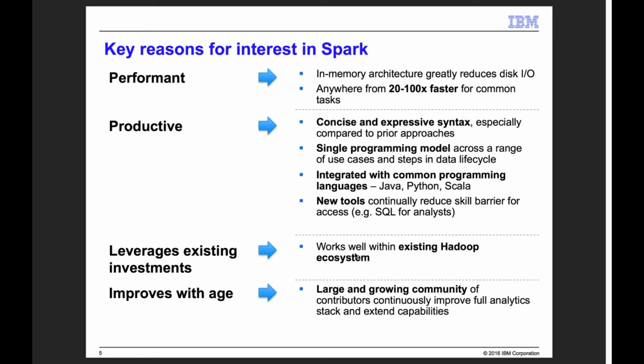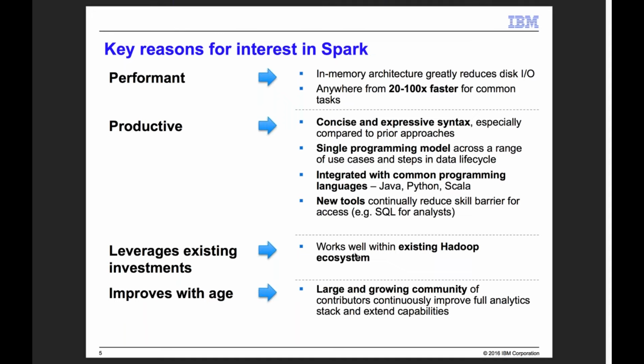So why is there this increased interest in Spark? The benefits we look at: when compared to MapReduce, the performance is minimum 20 times to 100x faster in tasks when compared to any other big data processing frameworks.